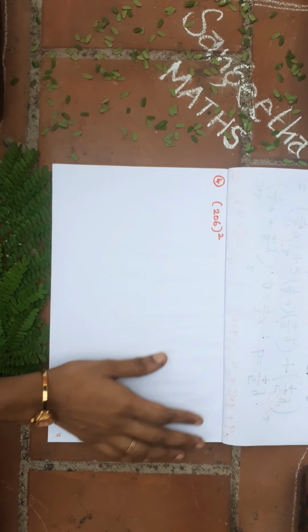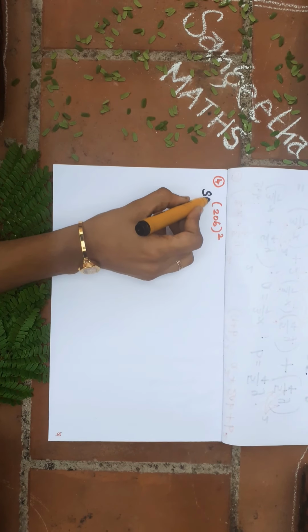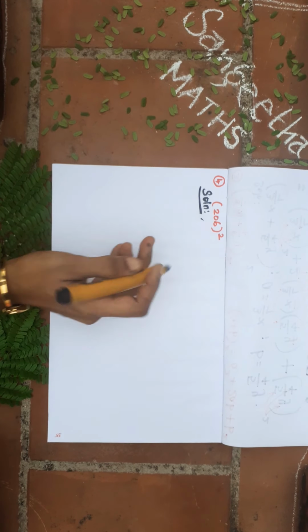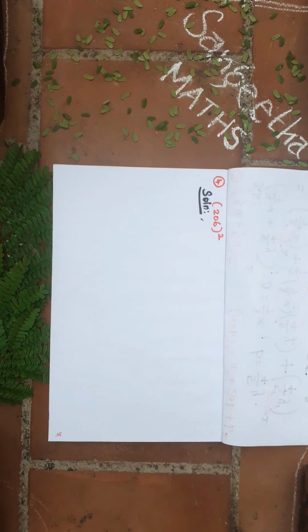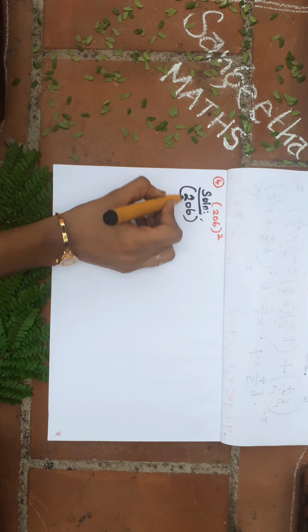And we are going for the last sum of this video. So it is also most important. They just gave a number, but how am I going to apply identity 1? So here comes 206 the whole square.